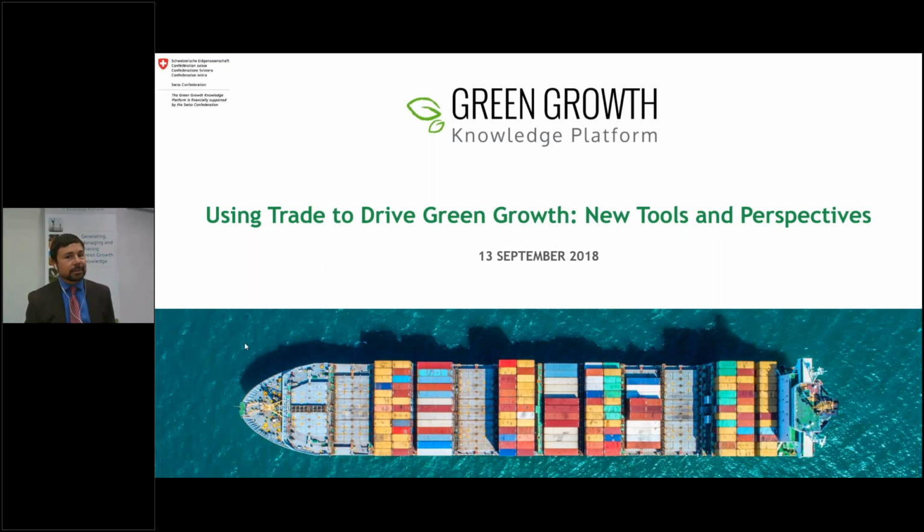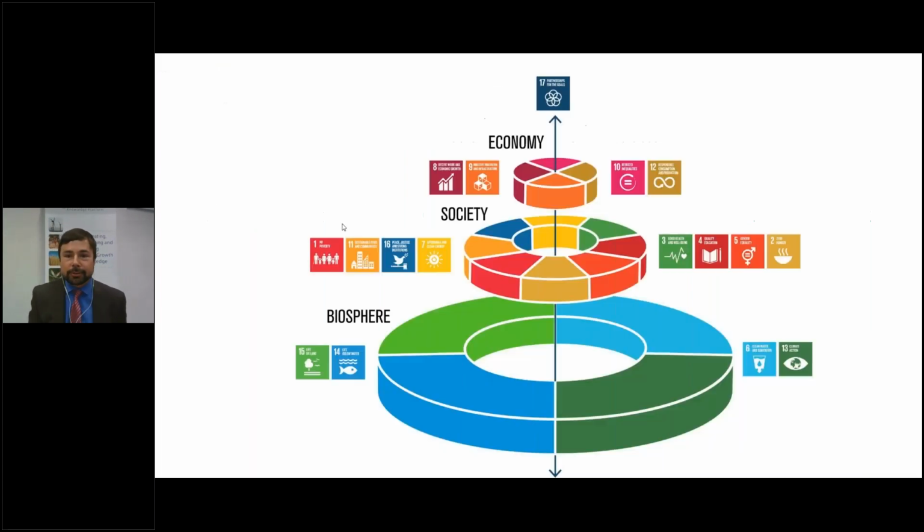Here is an interesting diagram that perhaps some of you are already familiar with, but I think it puts all of this into perspective. You see down at the bottom is the environment, representing the biophysical assets that provide the basis for our economies and our society. And trade is all the way up on top in Goal 17.